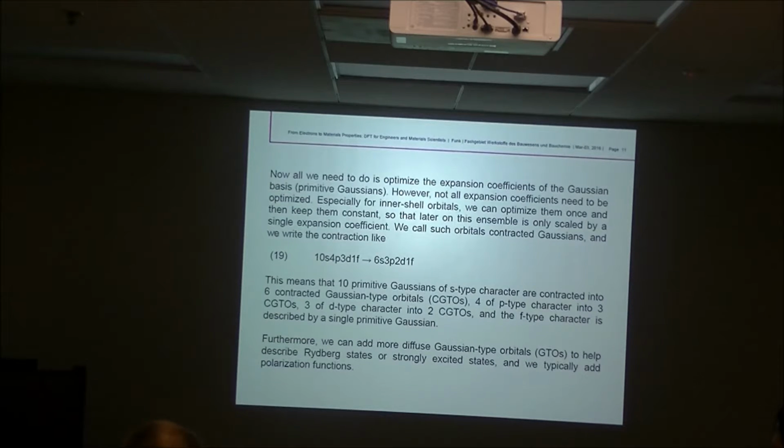So S is the constant times our Gaussian, right? P is then either x times Gaussian of x, so this would be a p_x. But p_y would be y times Gaussian in y direction, and we do z the same in z. Easy.